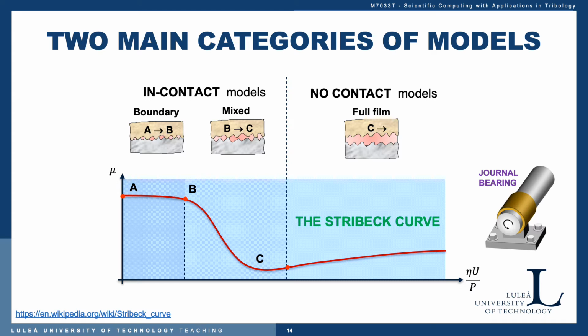And then if we turn down the speed even further, we move along this curve and we're in the boundary lubrication regime where the friction is highest. Still, it may be relatively low for a lubricated steel contact. It's typical for an oil lubricated steel contact, typically around 0.1.